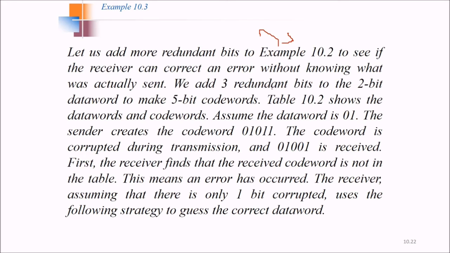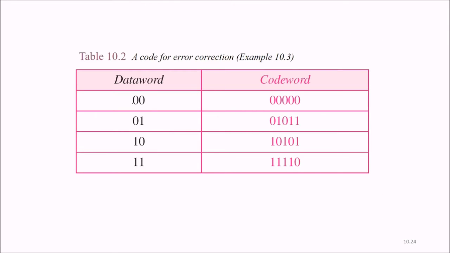So now we add 3 redundant bits to the 2-bit data word, and let us make it a 5-bit code word. We'll see a table which shows the data words and code words. Let us see it first. This is the data word. We have added 3 more bits, that is, made this 2-bit data word into a 5-bit code word, and this can be corrected using these 3 redundant bits.